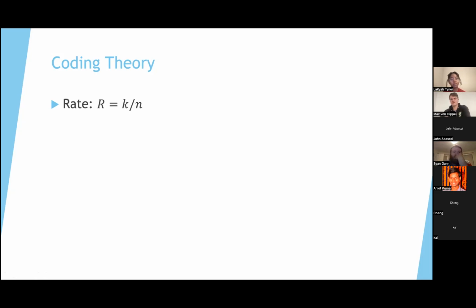But ideally, we want this to be as close to 1 as possible. We want to add the least amount of extra bits that we can. In an ideal world that would be possible, but there's an impossibility result known as the Hamming bound that tells us we can't get to 1, but the closest we can get is R equals 1 minus H of T over n, where H of T over n is binary entropy.